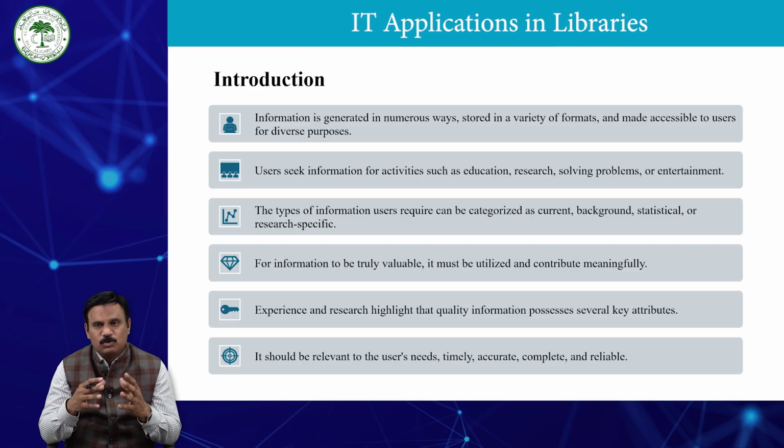For information to hold true value, it must be effectively used and make a meaningful impact. Research and practical experience emphasize that high quality information has certain essential characteristics. It should be relevant to the user's needs.